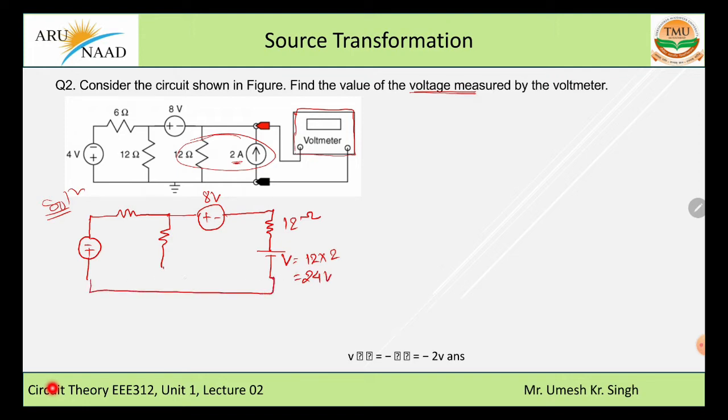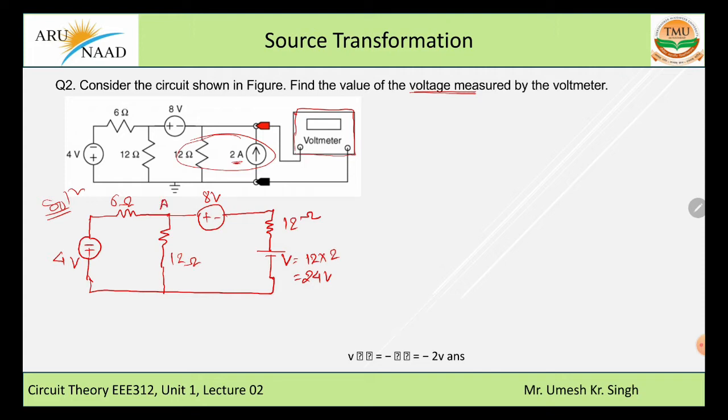Now completing the circuit, this voltage is again given 4 volt, and look at this polarity, 6 ohm, 12 ohm. Again you can solve this by using KCL and KVL both, but again I am suggesting to use KCL.